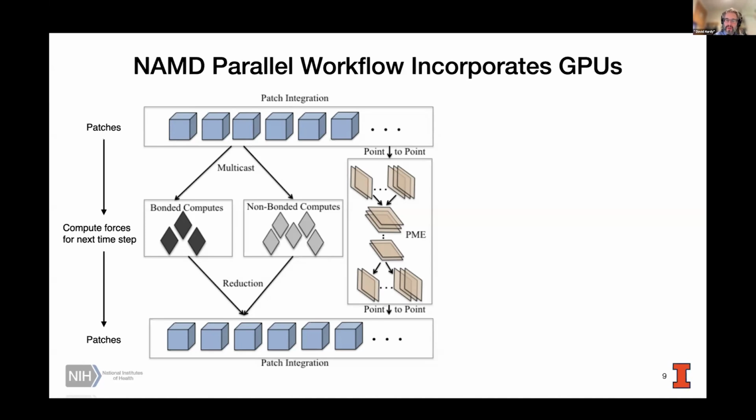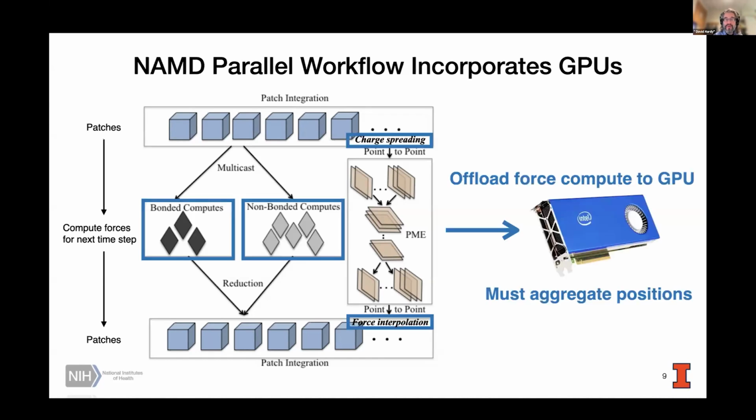And so the way we incorporate GPUs is that we offload the really scalable parts of the force calculation to the GPU. So this includes the non-bonded computes, the bonded computes, and then the scalable parts of the particle mesh Ewald algorithm that's used to approximate long-range electrostatics.